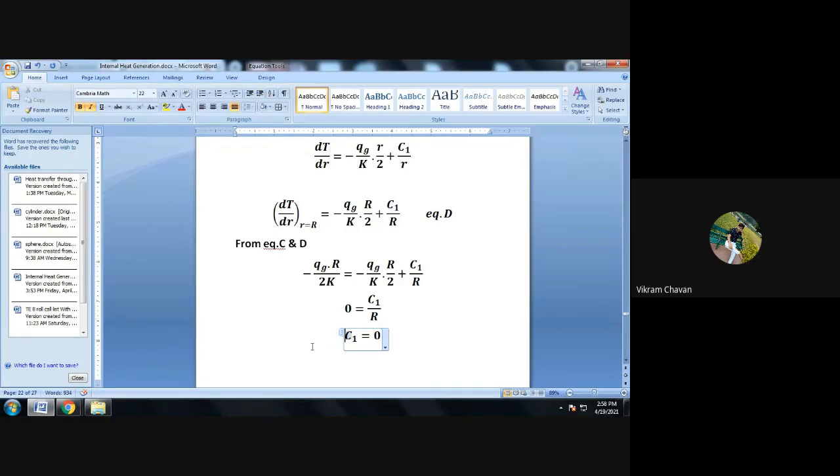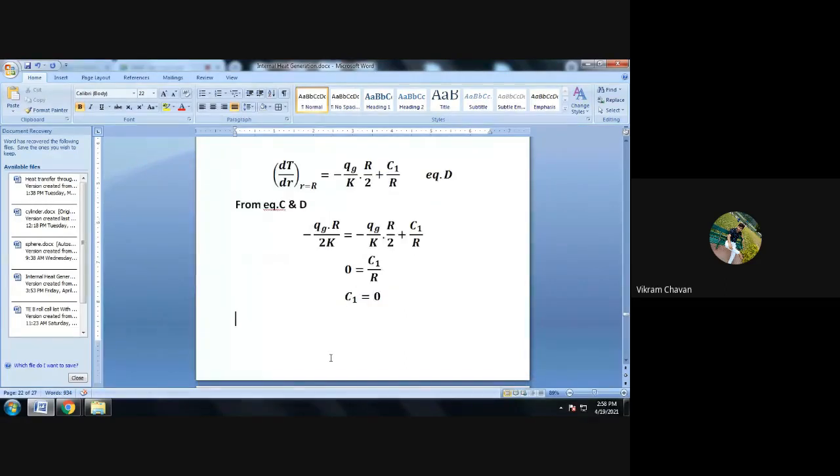From boundary condition number 1, we have derived the first constant, C1. We get the value of C1 is equal to 0 directly.